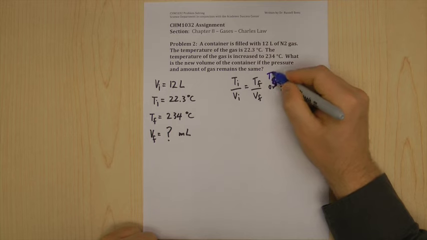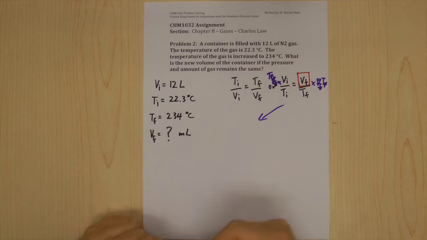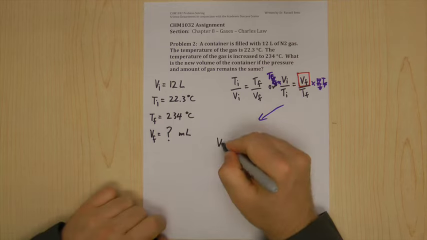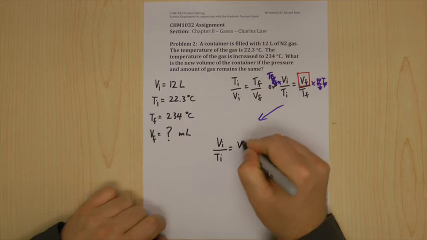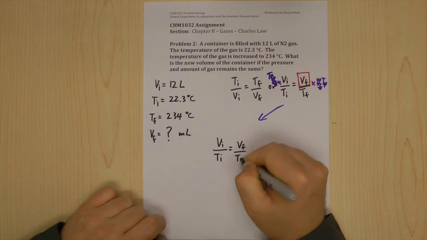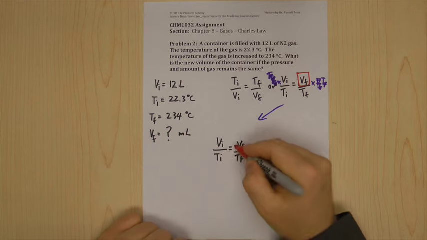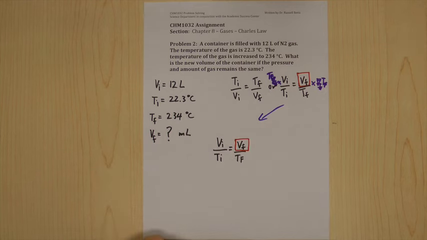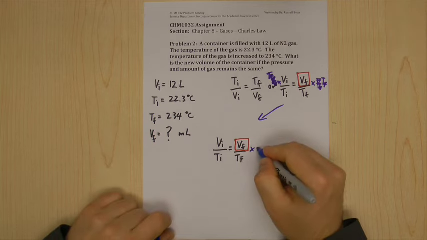Pardon me, that should be Tf. So let me rewrite this over here. I'm sorry about that. Made a little error. Let me correct it real quick. There we go. So I want to solve for Vf. So then I'm going to multiply both sides by Tf, because I want to get Vf all by himself.